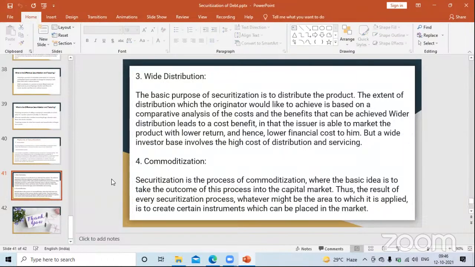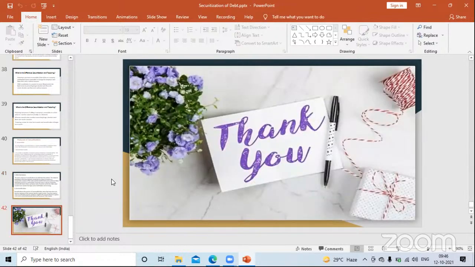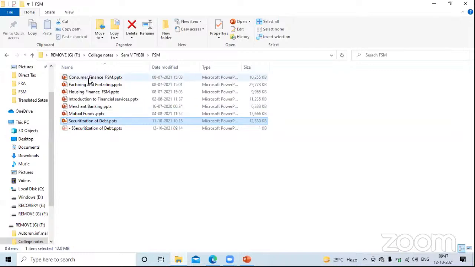Okay, so did you understand the chapter? Any doubts? I hope you all are understanding. No ma'am, no doubt. Okay, so we have done this chapter. Now 2 more chapters are pending in our FSM, and that is housing finance, a very small chapter, and consumer finance, very small.